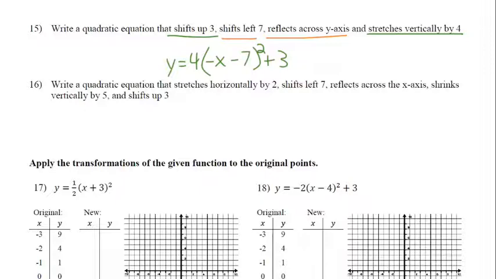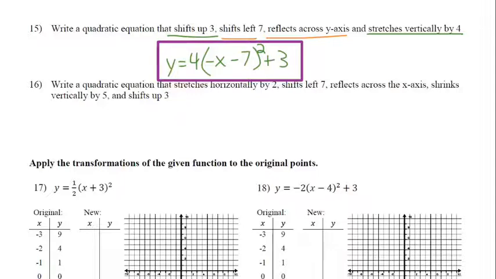I know it says shift left 7, so you would think add, but remember, when I divide this by the negative in front of x, then it becomes positive. So that means it'll go left 7. All right? So while that may feel a little weird, that's what's going on. Okay, that's one thing we dealt with on that homework assignment we did on Thursday. No, Friday, whatever.